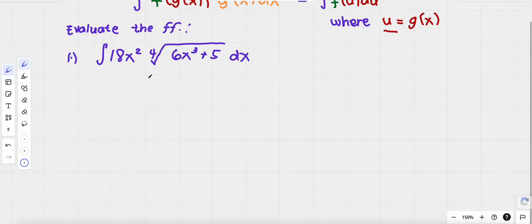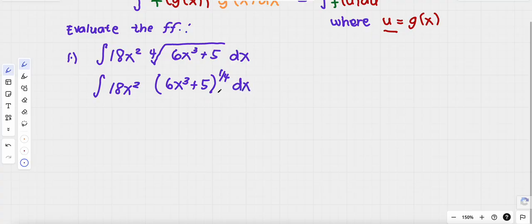If we look at the function, we can try to determine which one will be substituted, which is f and which will be our g of x. It seems intimidating at first, but we can rewrite the radical as a fraction: the integral of 18x squared times 6x cubed plus 5 to the power of 1/4 dx.